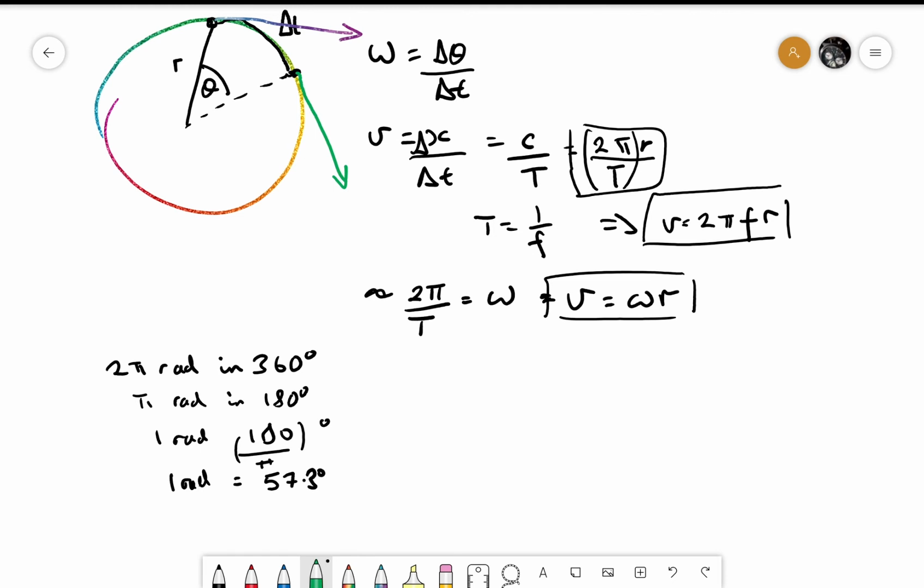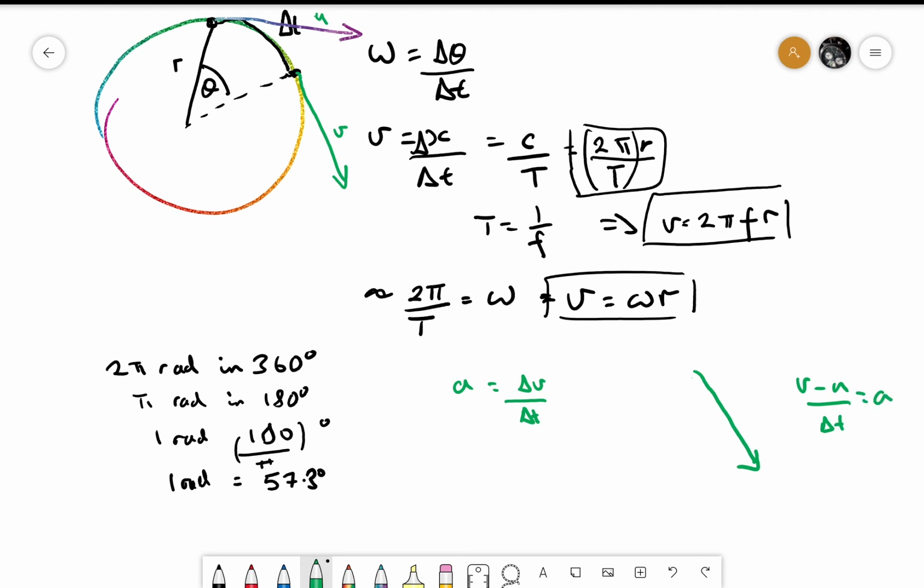So this is my initial velocity, this is my final velocity. And we know that acceleration is a change in velocity over a change in time. So if we look at this vectorially, then we have the final velocity here. So v minus u over delta t gives me acceleration.